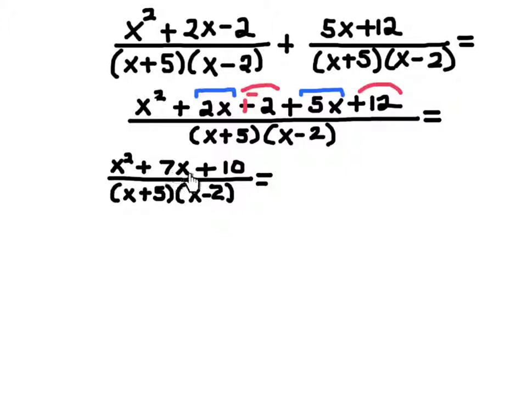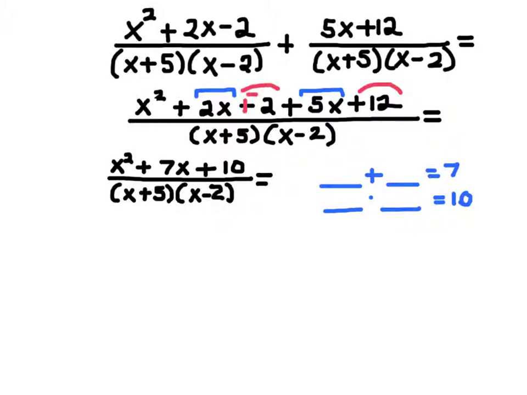And this numerator, I can see it's of the form ax squared plus bx plus c, where a is 1. So we want to find two numbers whose sum is b, which is 7, whose product is c, which is 10.